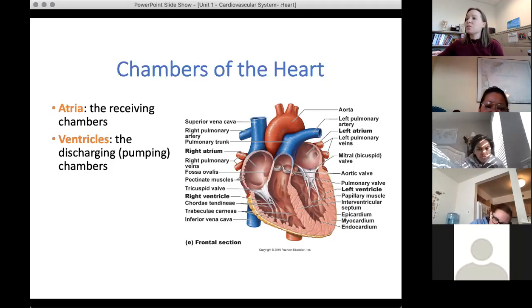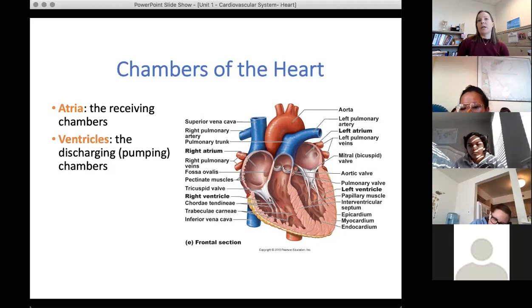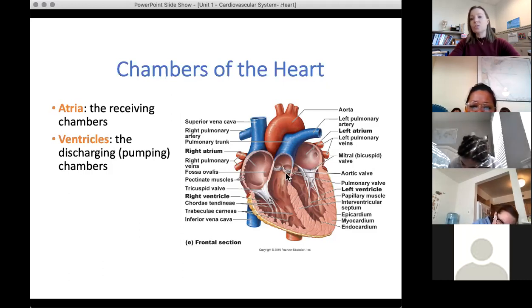Okay, so let me just describe where each one's located, and then I'll explain their function really quickly, and we'll take a quick break. The pulmonary semilunar valve is right here. It is located at the entrance to the pulmonary trunk, which is this blue blood vessel right here.